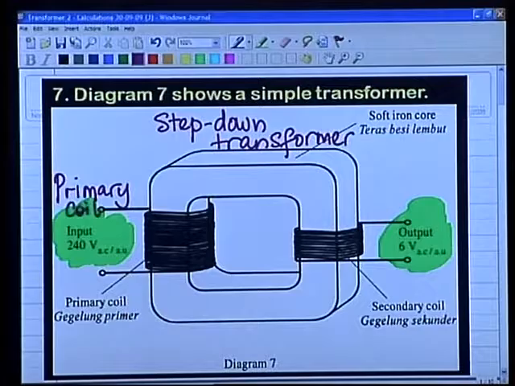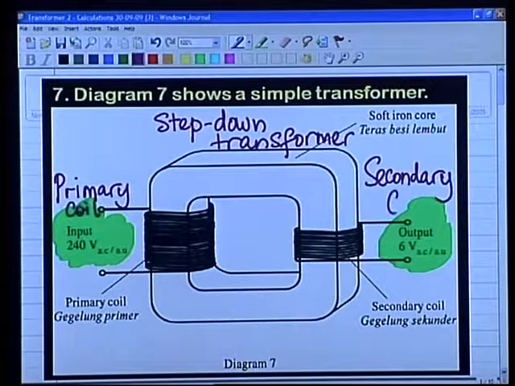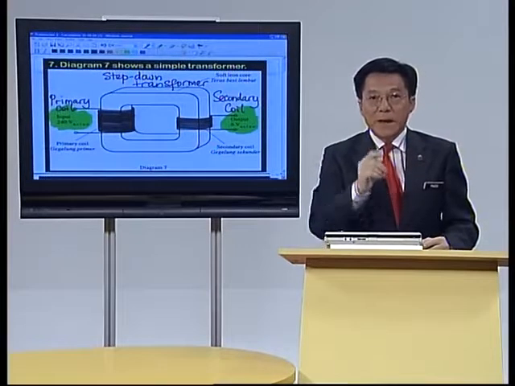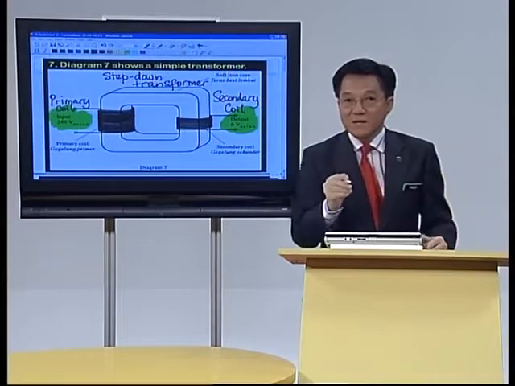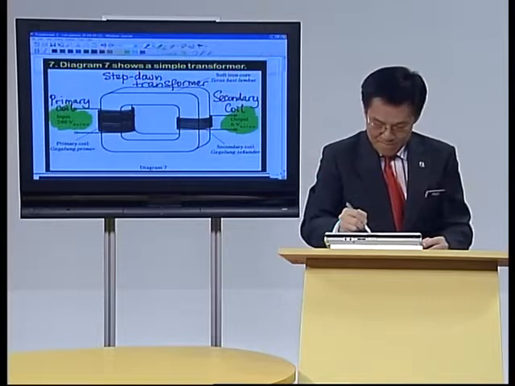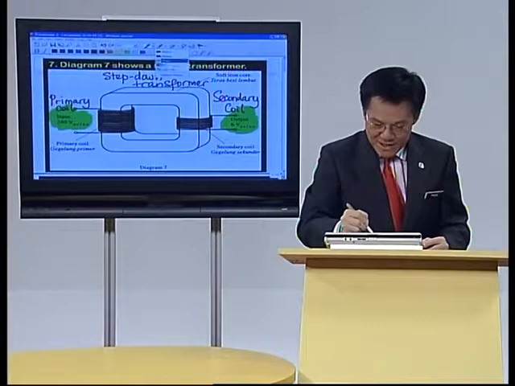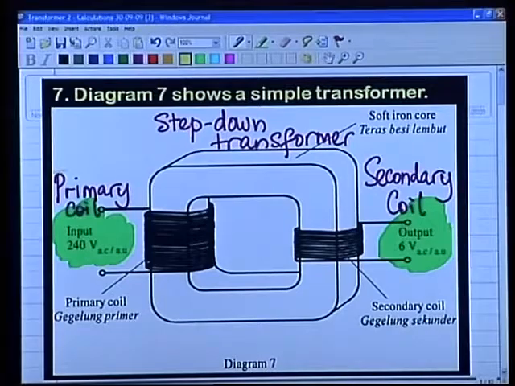And what about the output? It is called the secondary coil. Now pay attention to the alphabet P and the alphabet S. Let me use another color.